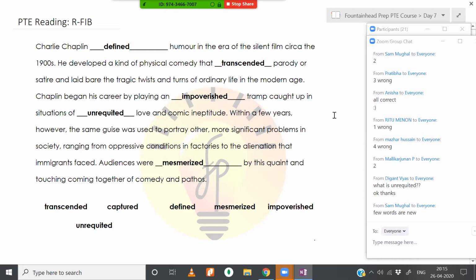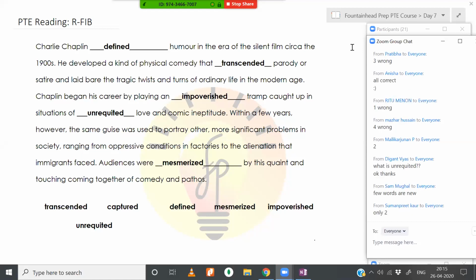Some of you might be victims of unrequited love. Whenever you learn a new word, try to put yourself in that situation and remember it in some funny way. That's one nice way to learn.